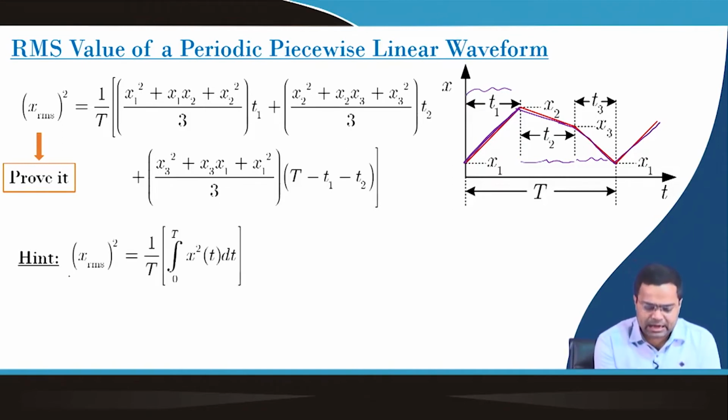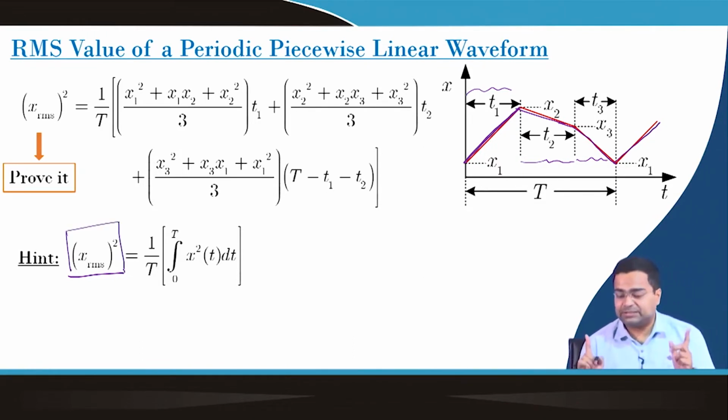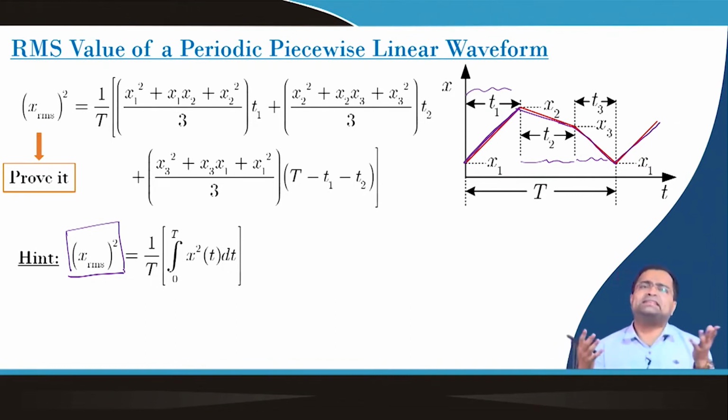So, if we take the RMS current of this periodic waveform, here for a special case we are talking about a periodic waveform with piecewise linear approximation. It looks like a piecewise linear waveform. In fact, this piecewise linear current is common in many DC-DC converters, whether isolated, non-isolated, or various other converters also.